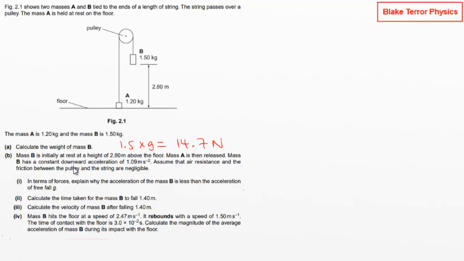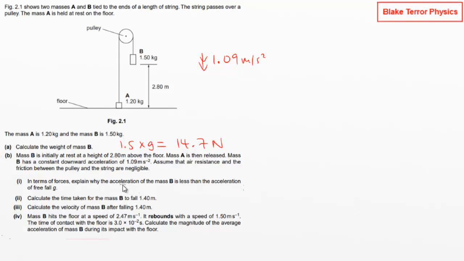Mass B is initially at rest, 2.8 meters off the floor. Mass A is then released. So B is going to start moving downwards because it's heavier. Constant downward acceleration of 1.09 meters per second squared. Negligible air resistance and friction. Explain why the acceleration of the mass B is less than the acceleration of freefall.